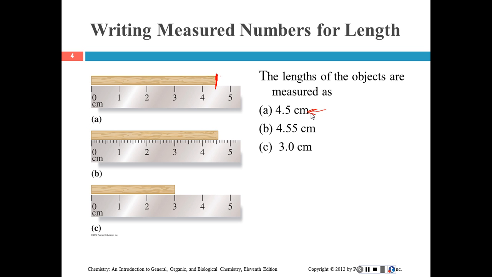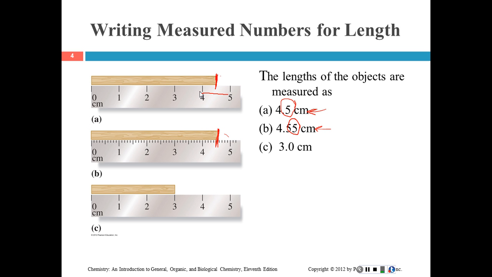If someone used a measuring device that had more marks on it, you can see that it's actually just a little bit farther. And so you could estimate that it's farther than the 4.5, but not quite to 4.6. So you could estimate that last digit to be halfway between, just like you estimated that was halfway between the 4 and the 5.